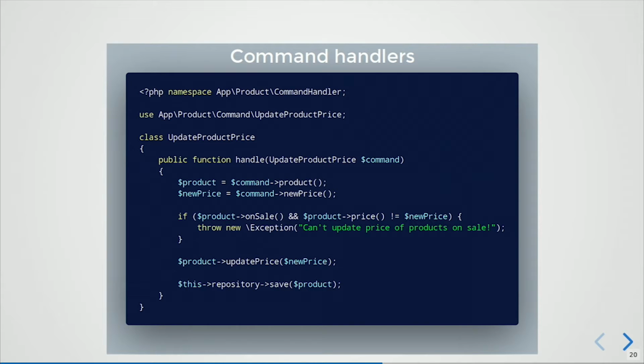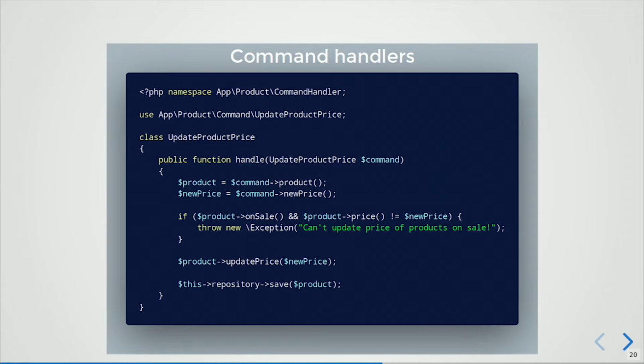And it knows that all the data that command carries is correct. It knows, for example, that there's not a negative price in there. It doesn't have to do those kind of checks because it received a price value object. And we know if we have a price value object, then that's a valid price in our store.